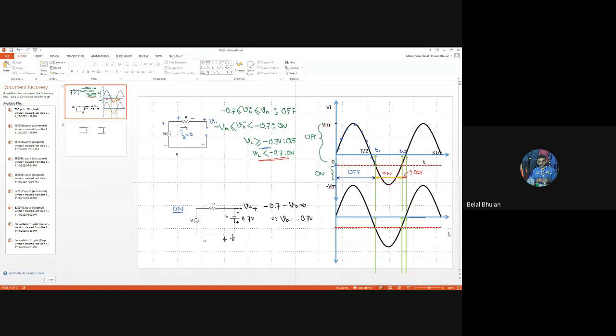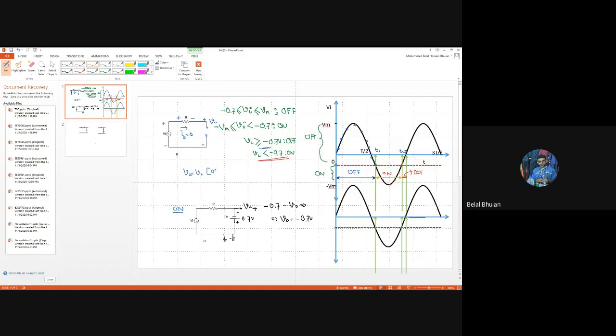So let's see the output relationship, the first part. When the diode was off, we found out V naught is equal to VI.